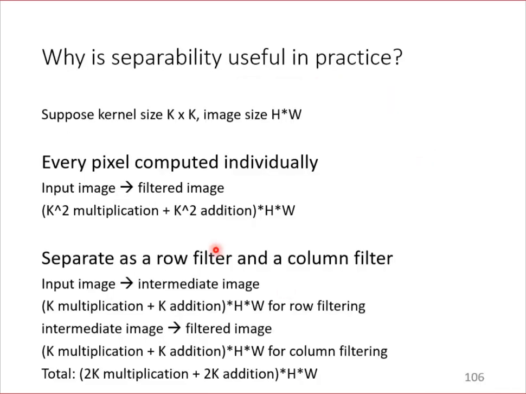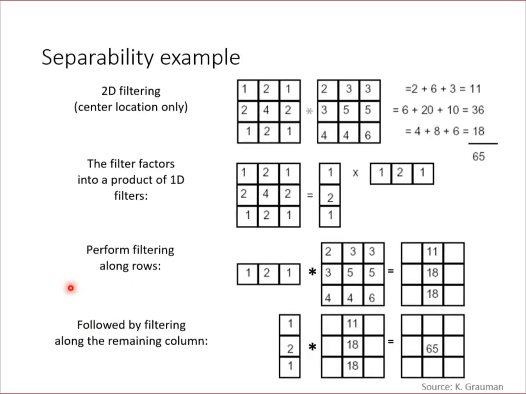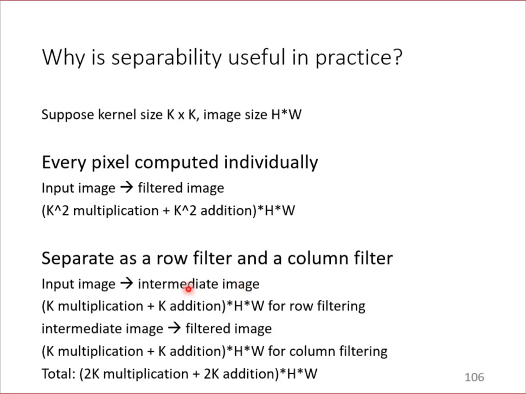But if we separate the 2D filter into two 1D filters, then we first calculate an intermediate image like this one. This is the intermediate image. Then we only need k multiplications plus k additions for the intermediate image.